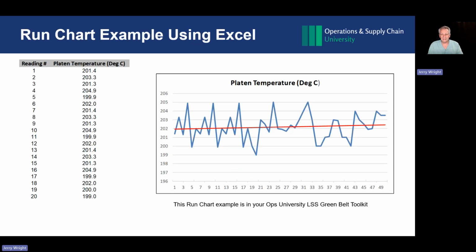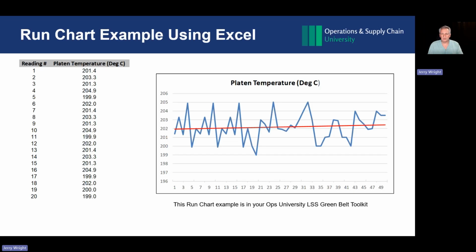Now, in your Lean Six Sigma Green Belt Toolkit from Ops University, you have an example that happens to be platinum temperature in degrees centigrade or degrees Celsius. You can see here there's 20 readings, the temperatures are there, and there's actually a trend line on this as well. You can click on the data series and add a trend line easily in Excel, and you can see the platinum temperature is gradually increasing from just under 202 to probably about 202.3 or 4.